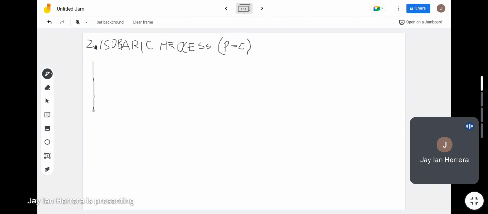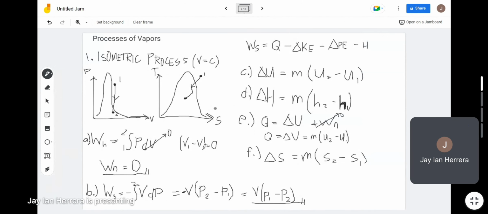If we draw the PV and TS diagrams, we're dealing here with vapors, not simple air. With air it's clean, just states 1 and 2. With vapors, we have curves. This is the saturation curve of our vapor, with the critical point here. That is for TS, and for PV it's narrow.